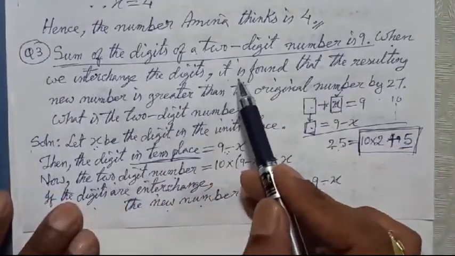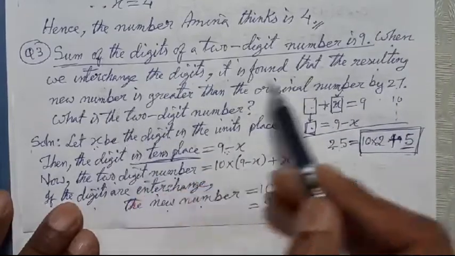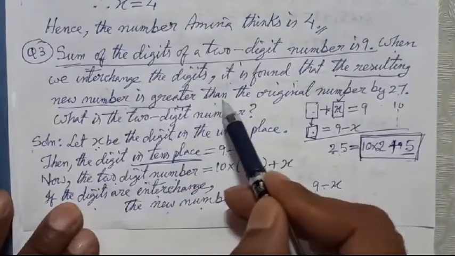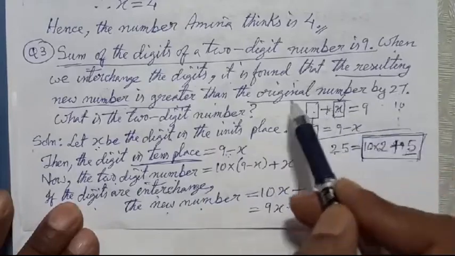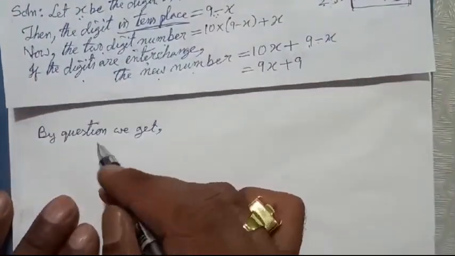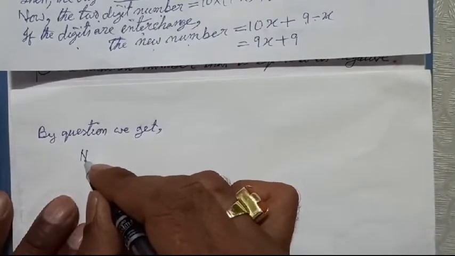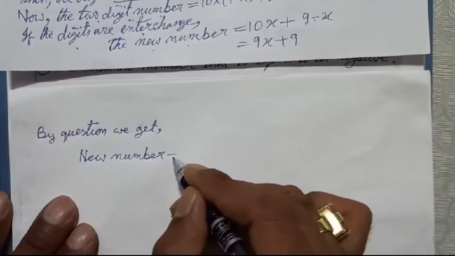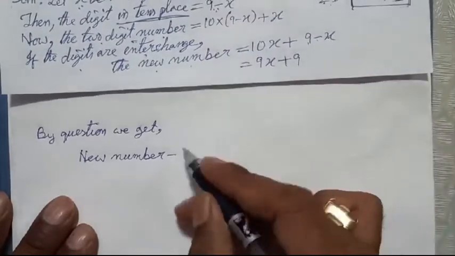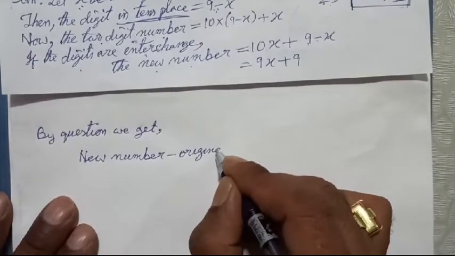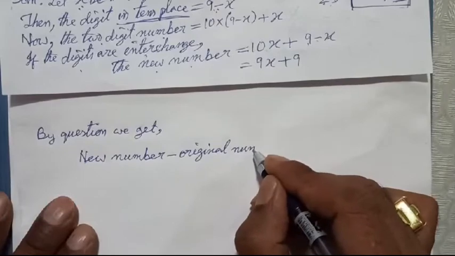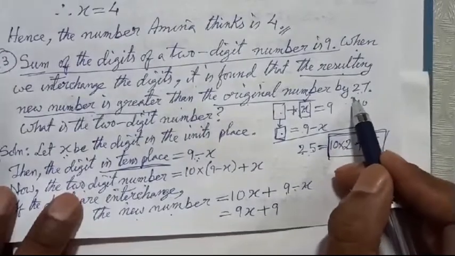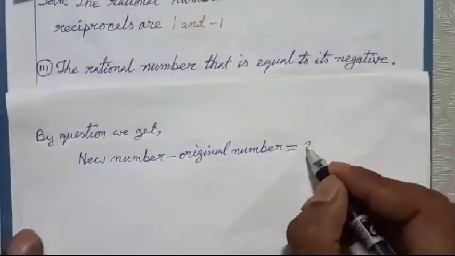When we interchange the digits, it is found that the resulting new number is greater than the original number by 27, and this is what we have to use now. New number minus original number is 27.